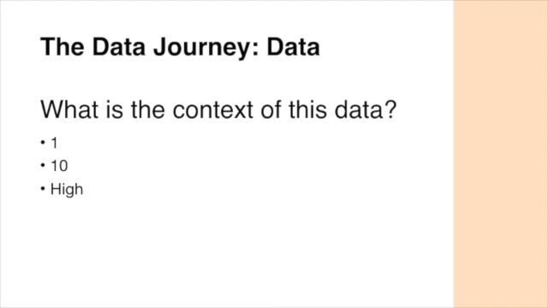For example, take the data points 1, 10, and high. Can you tell what these data points mean? No, you can't, because it's hard to know what this data means without understanding the other facts surrounding this event.